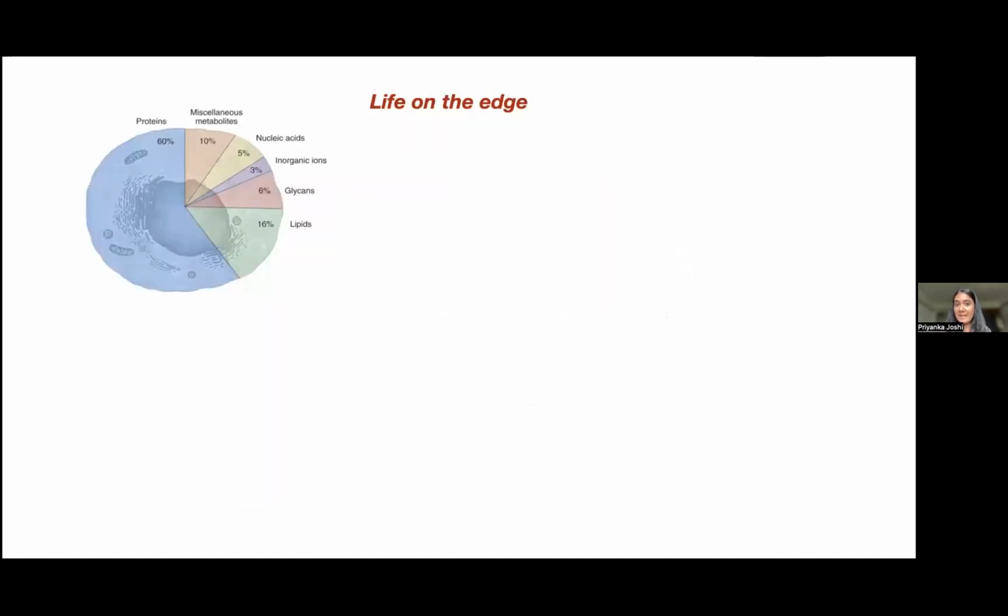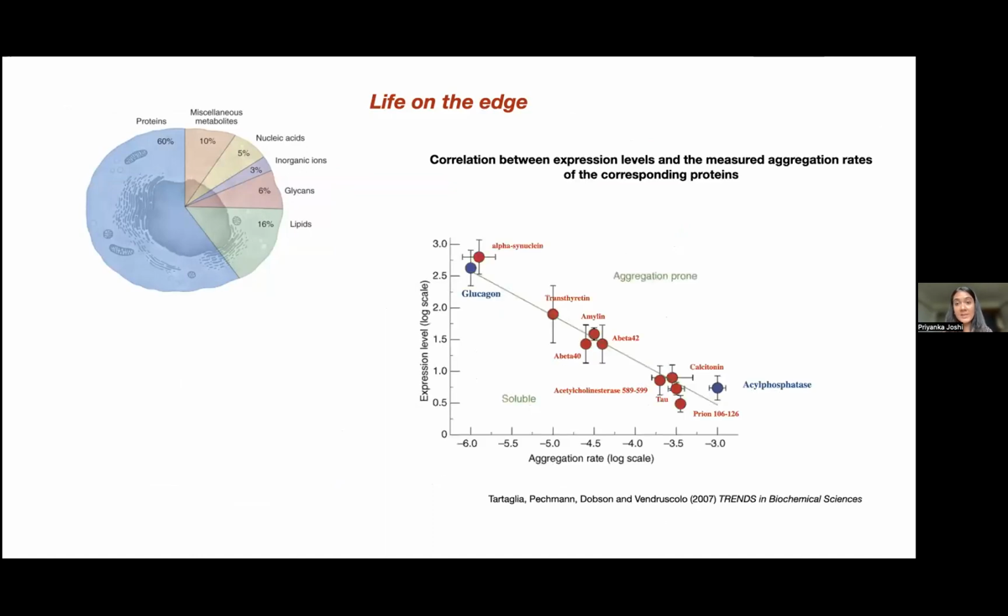And that is like life is always on the edge. As we had seen, in the cell you have proteins, you have metabolites, which are small molecules, and a whole lot of other small inorganic ions as well. There have been studies that show that proteins are metastable and they are at an edge.